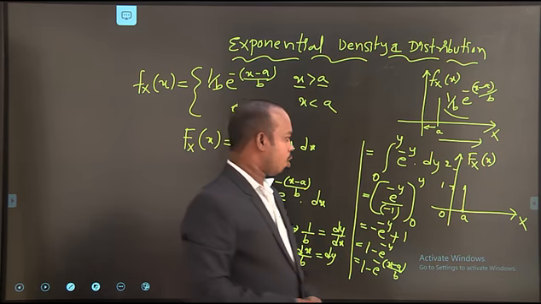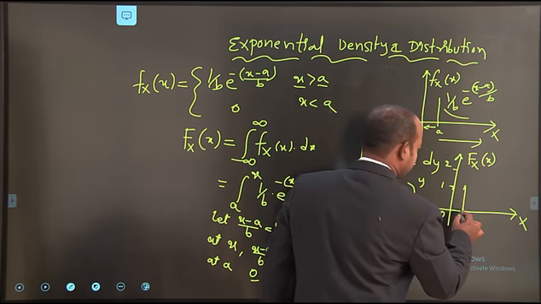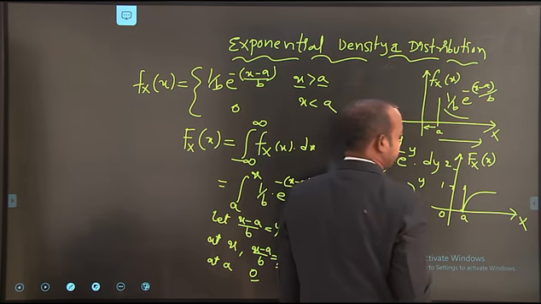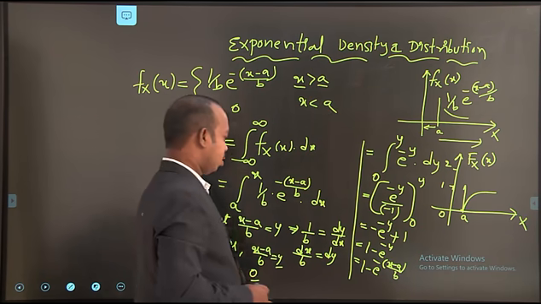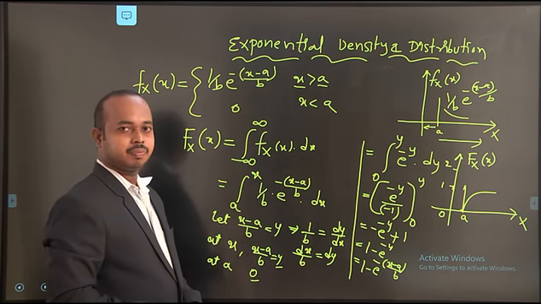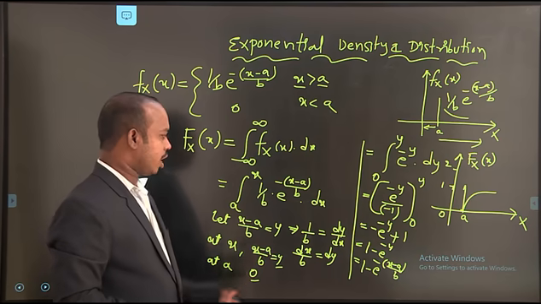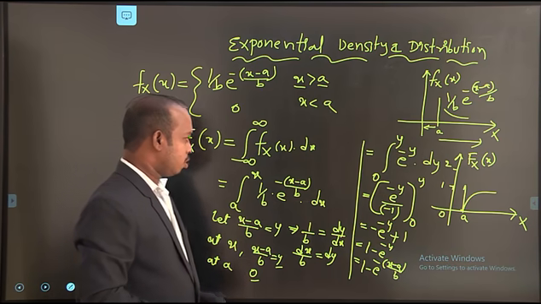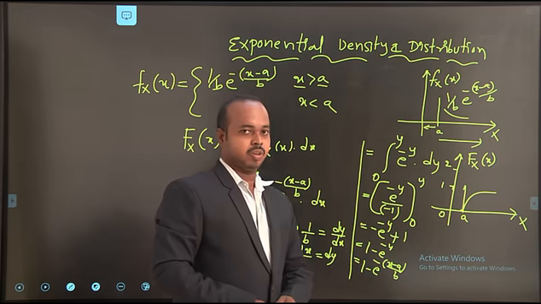That's why the graph is an exponential curve like this. This is the graphical representation for the distribution function.